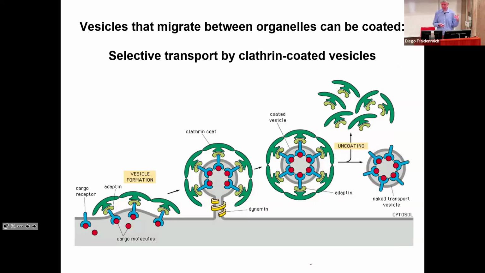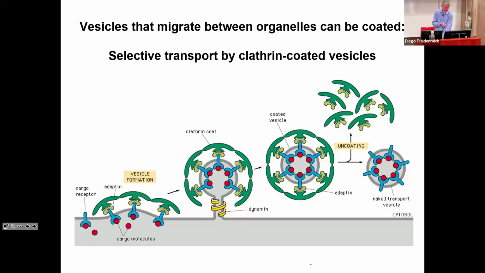The vesicles themselves are not just floating around randomly. This is a highly controlled process. One important feature in this process is that some vesicles are coated with specific proteins that help vesicles go from one compartment to another.